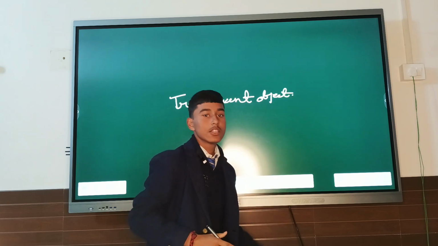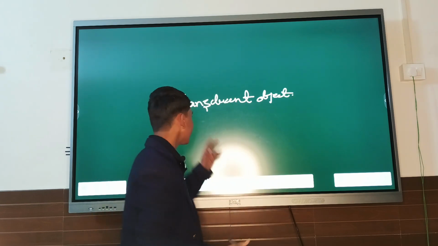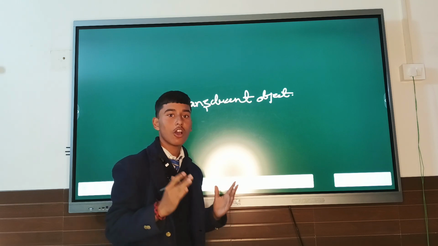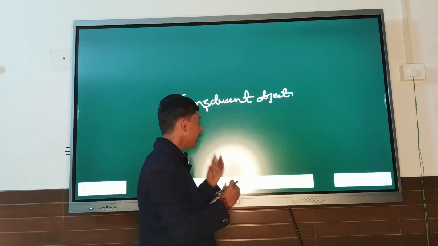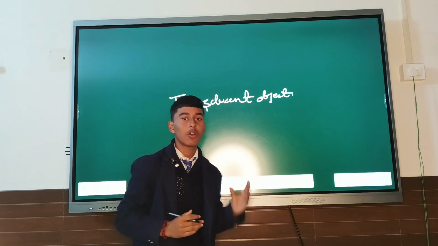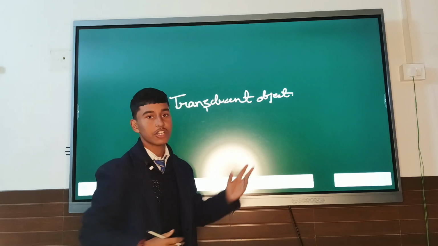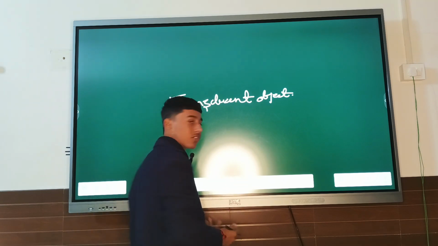Translucent objects pass light in a very small quantity, so they are known as translucent objects. That's all. Thank you.